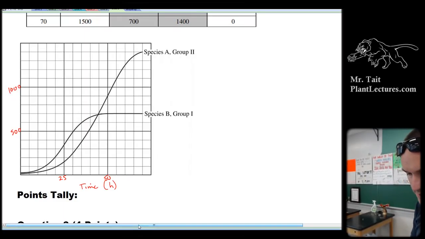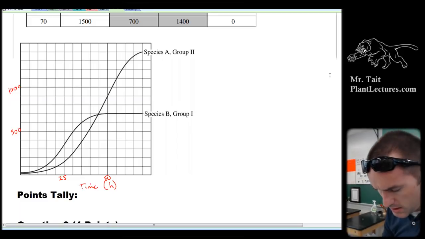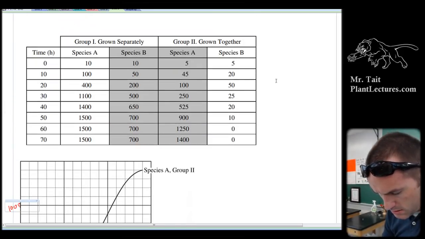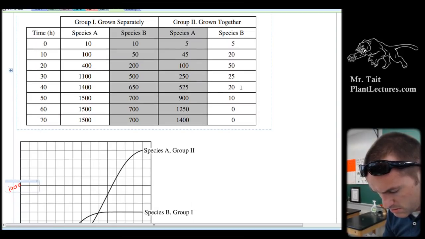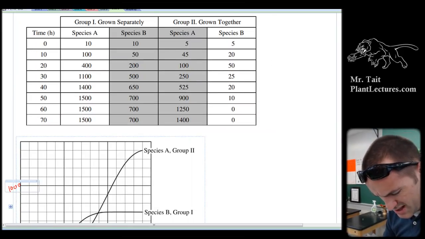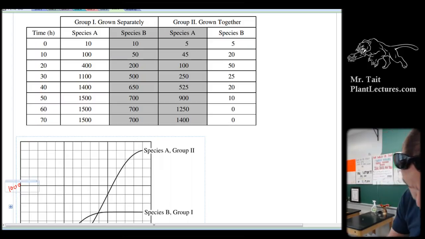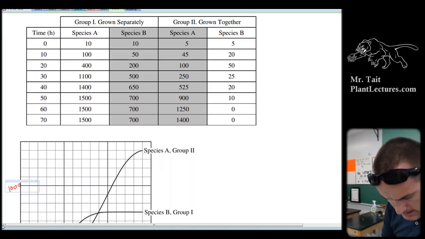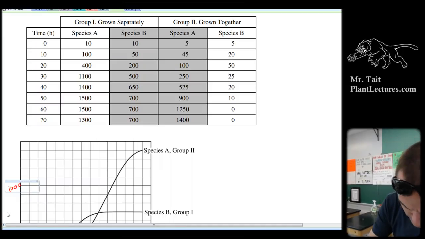And then that on the side was the number of individuals. Does it say anywhere what that is on the side? Number of individuals in each population. Okay. So this on the side should have been number of individuals.